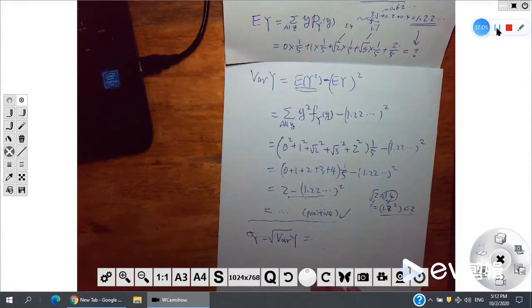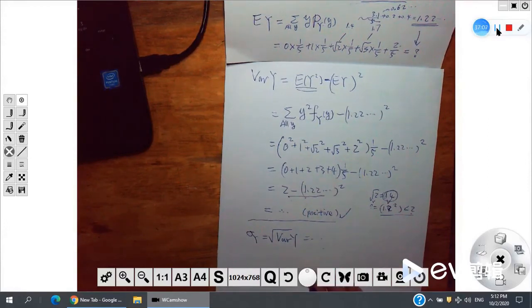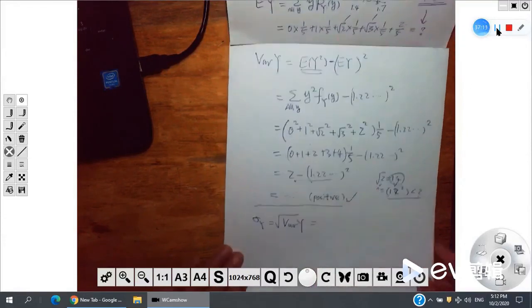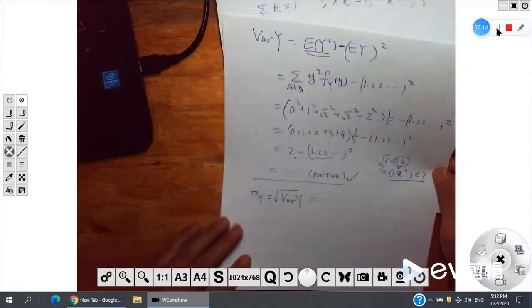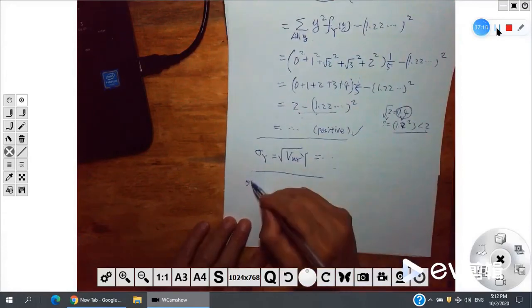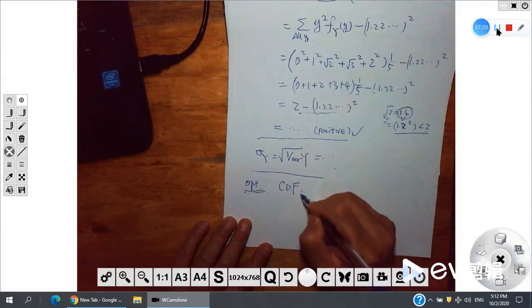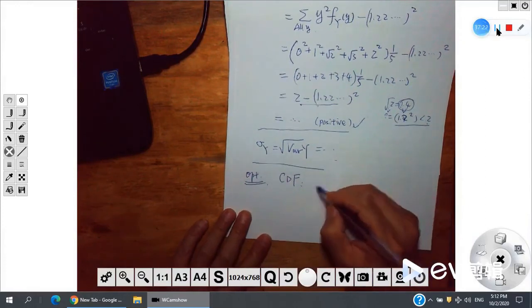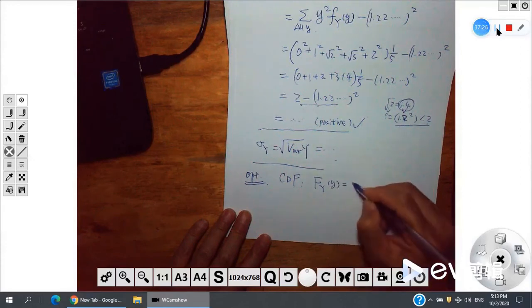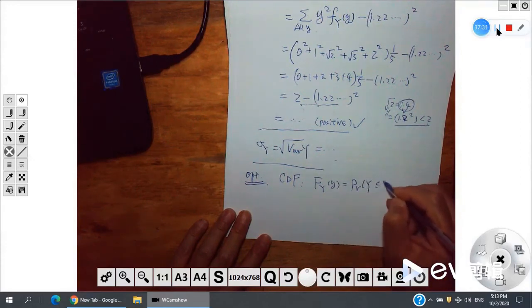Okay. I can also try to find the CDF. The CDF F_Y(y) is actually the probability of Y smaller than y.